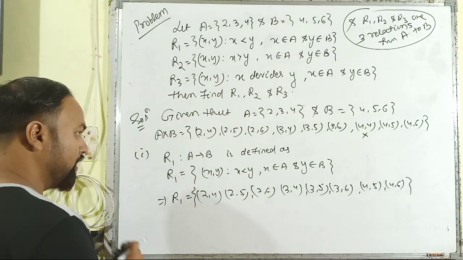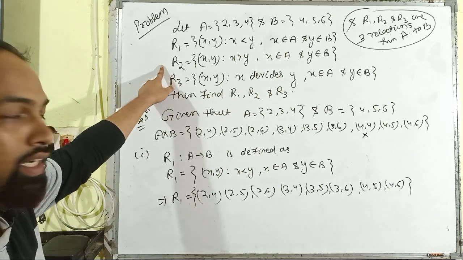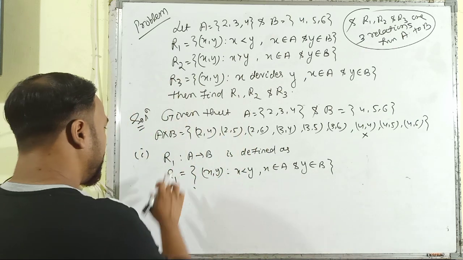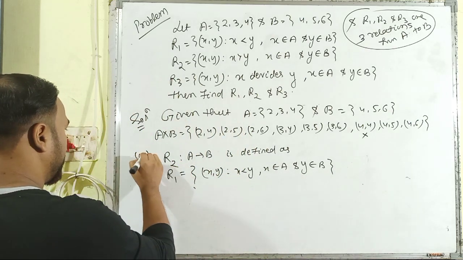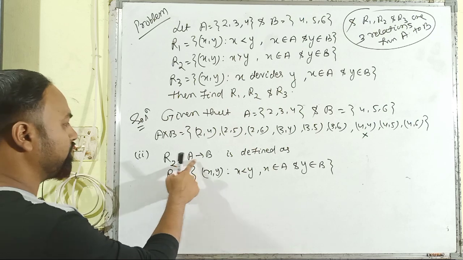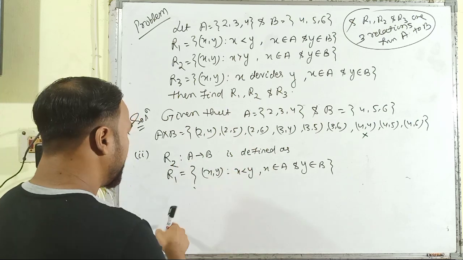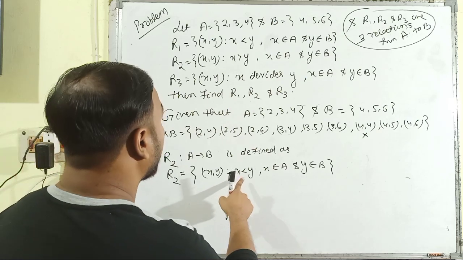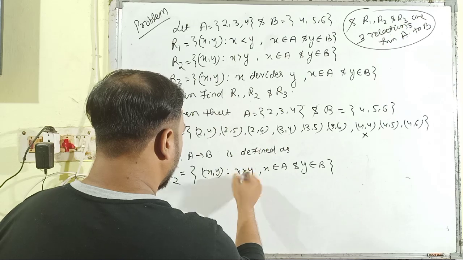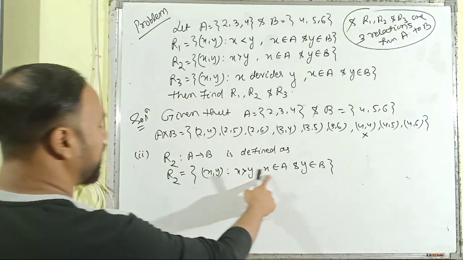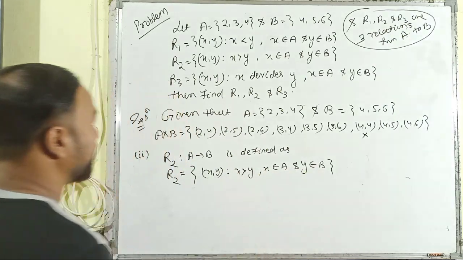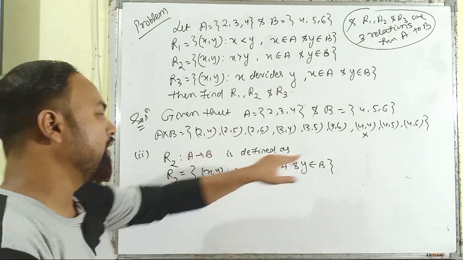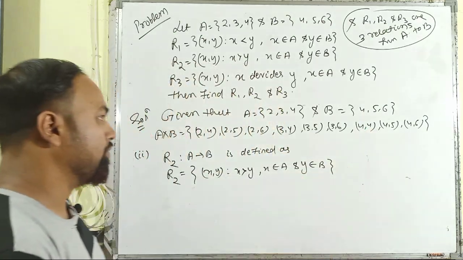Then moving towards the second, we have to find out the second relation R2. R2 is a relation defined from A to B, and it is given as the ordered pairs (x, y) such that x is greater than y, where x belongs to capital A and y belongs to capital B. And here you cannot find any ordered pair in which the first element is greater than the second element.